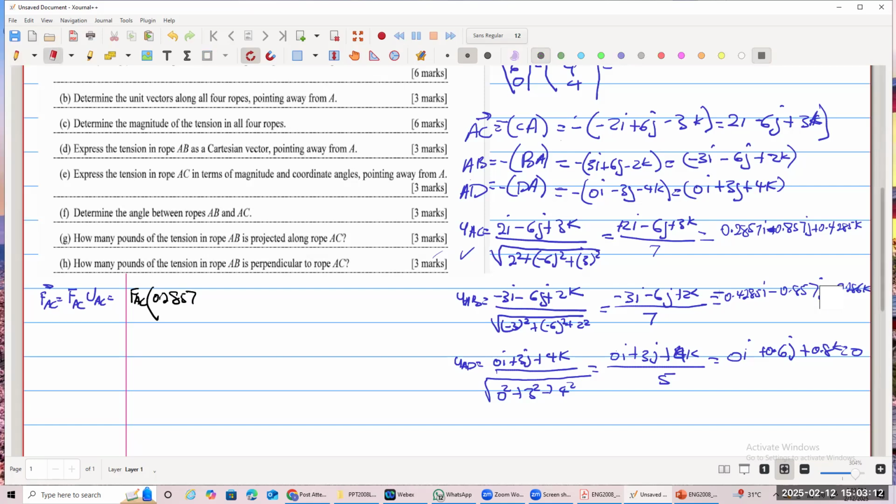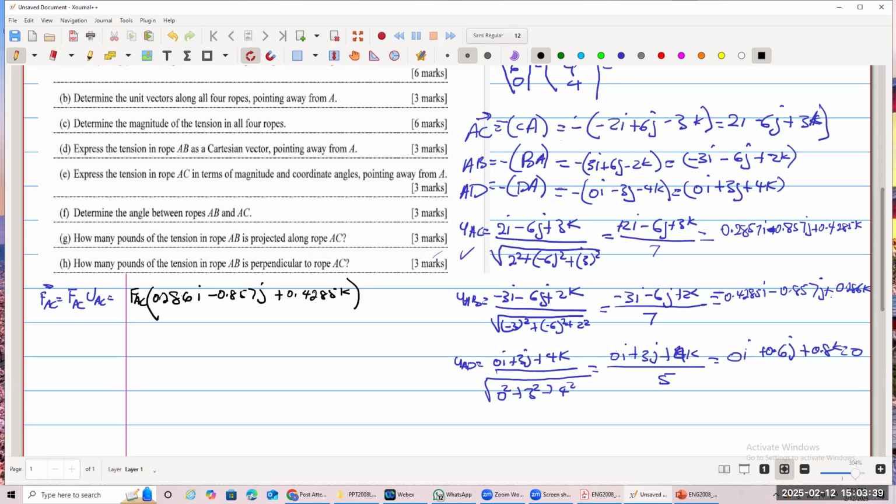We're gonna use 3, 6, to make life a little bit easier to manipulate. All right. Minus 0.857J plus 0.4285K.